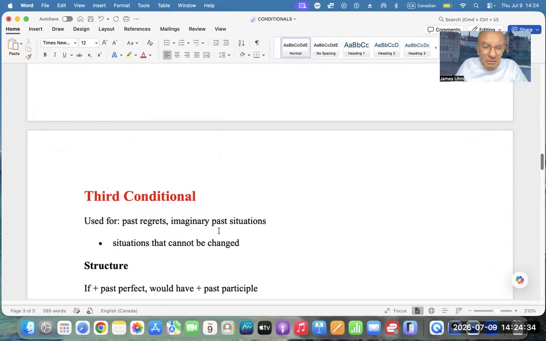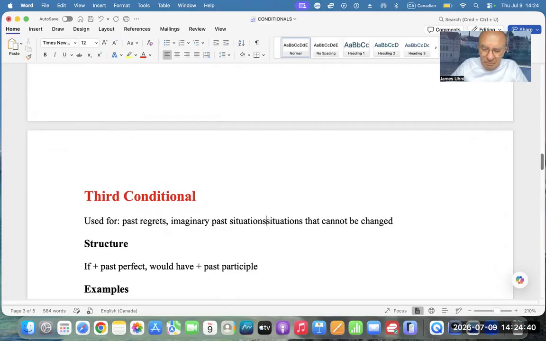Imaginary past situations. I already said it. In a past life, I was a mouse and I was eaten by a snake. That's why I'm terrified of snakes. Structure, if past perfect, would have plus past participle.